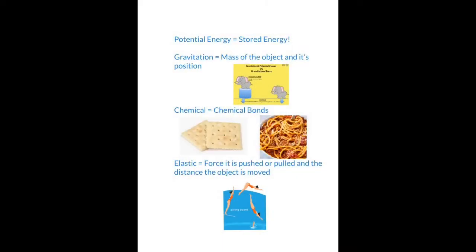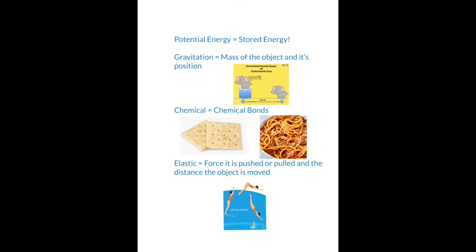Alright, so what you should have gotten from yesterday is that potential energy is basically stored energy. If something's moving, it can have potential energy, but it's going to be less depending on where the item is or the amount of forces on it and so on.